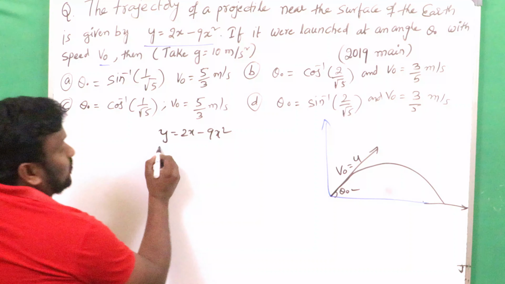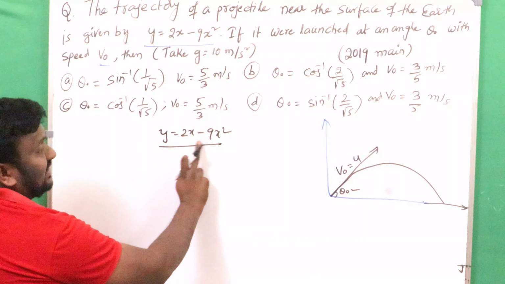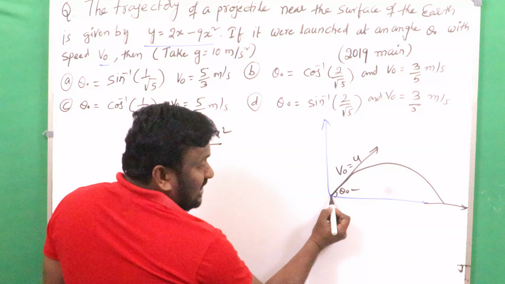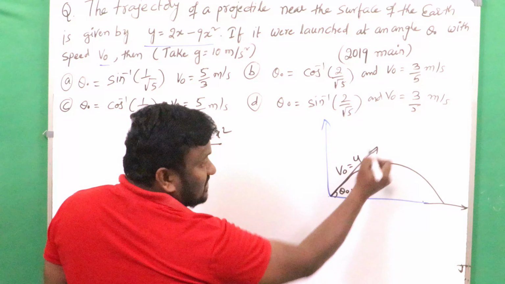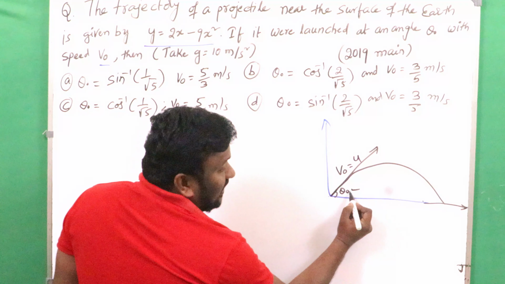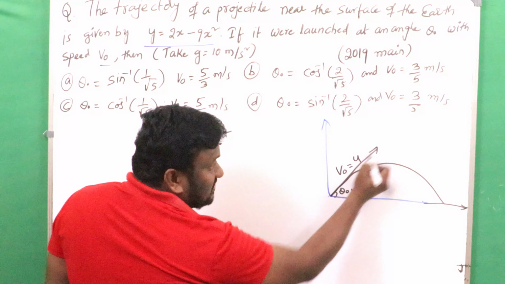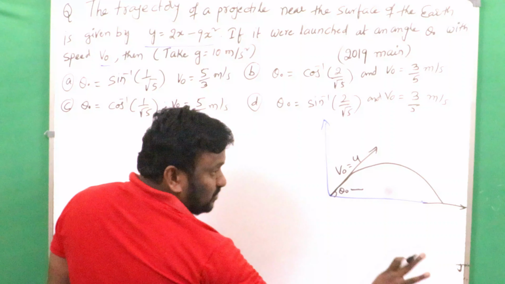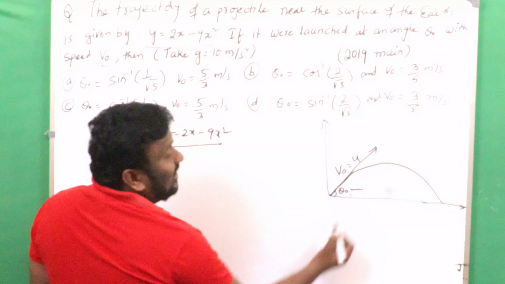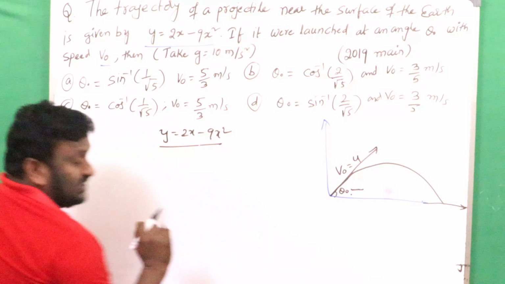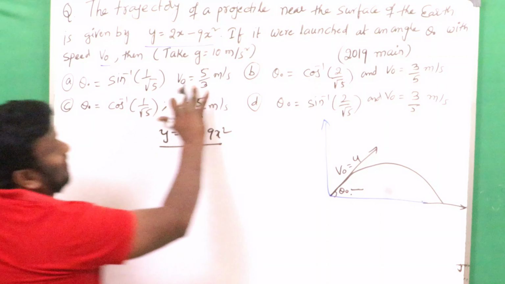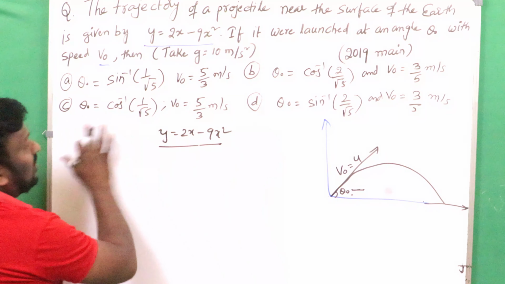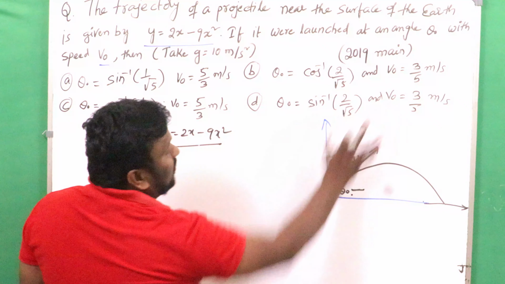Clear? For that the clue is y equals 2x minus 9x square. So the projectile is launched from here at an angle theta naught with the earth, with velocity u, and the projectile reaches the ground in a parabolic path. Then what is the theta naught value and the v naught value?